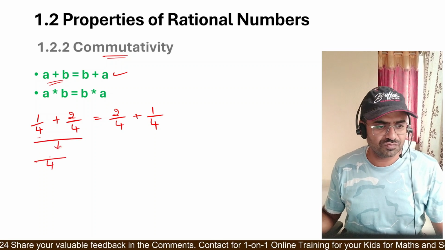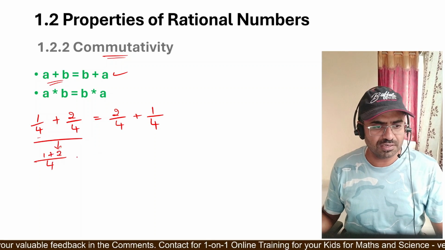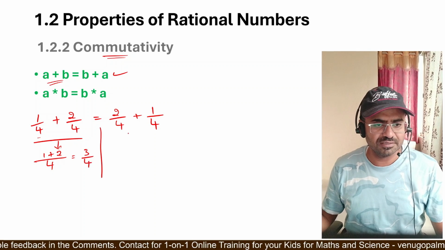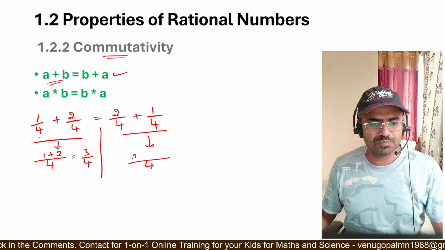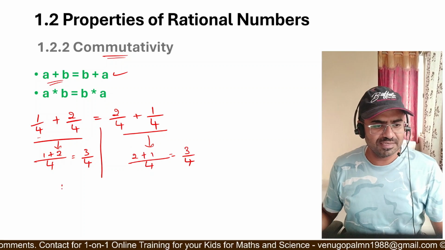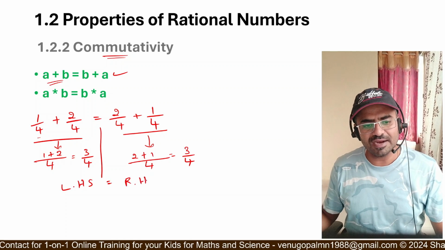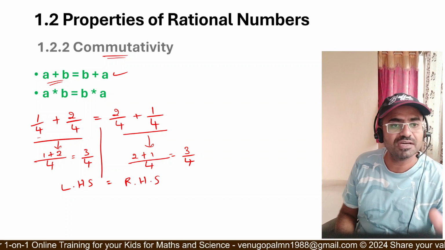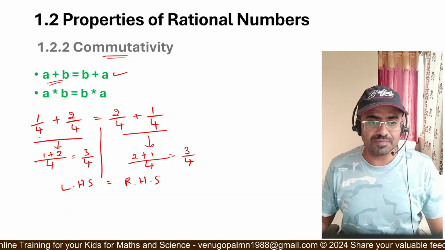LCM is 4, 1 plus 2 is equal to 3 by 4, correct? Similarly, in this example, 4 is the LCM, 2 plus 1 is equal to 3 by 4. So LHS, left hand side, is equal to right hand side. Got it, guys? This is how the commutative property applies to rational numbers.